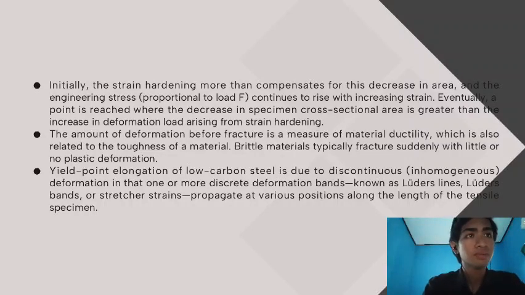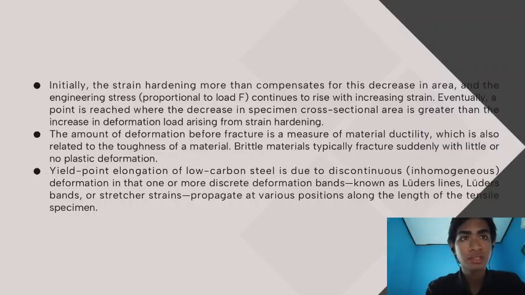The amount of deformation before fracture is a measure of material ductility, which also relates to the toughness of a material. Brittle materials typically fracture suddenly with little or no plastic deformation. Brittle metals such as chromium, for example, will fracture upon loading to the elastic limit rather than sustain plastic deformation.